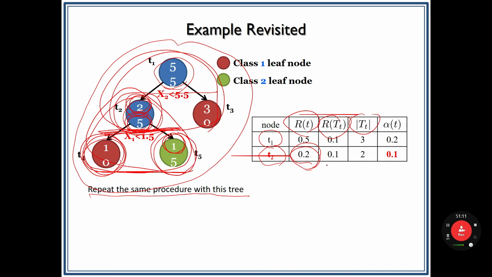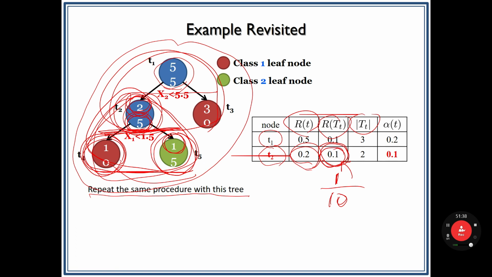So when we compute this one, the error rate by this lower part, that subtree, the denominator, I'm sorry, my pronunciation is not good. The denominator part is 10, okay? And we have one misclassified observation over the total number of observations. That is the error rate.